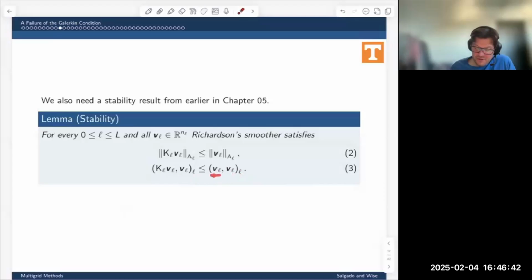Of course, this is just the norm of V in the canonical norm squared. So I could replace this with the norm squared, and then take square roots of both sides. That says something about the size of the action of this matrix KL. We proved this a long time ago in chapter 5, so I'm not going to prove it again. I just want to recall it to your memory.